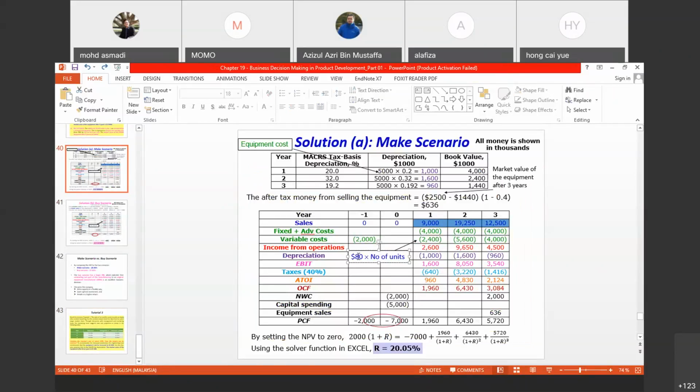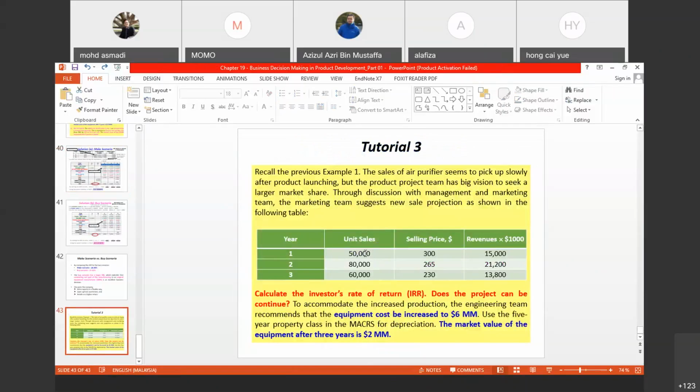That is the variable cost, the original cost for each unit. So 50,000 units times $80, 80,000 units times $80, 60,000 units times $80. So you can get the variable cost. That's why we call it variable, not fixed, because it changes with time.